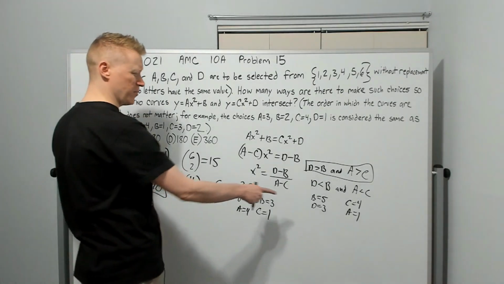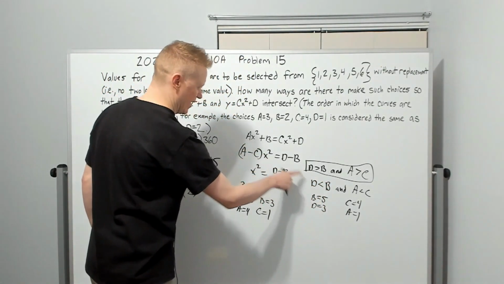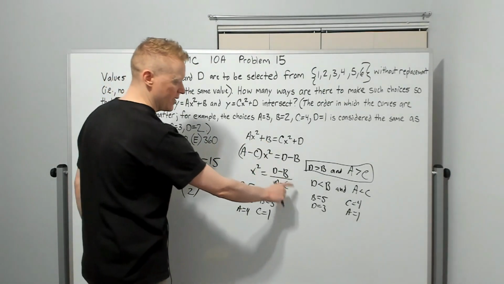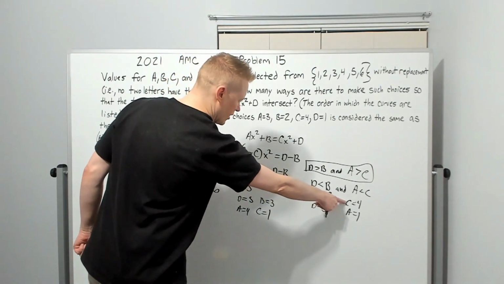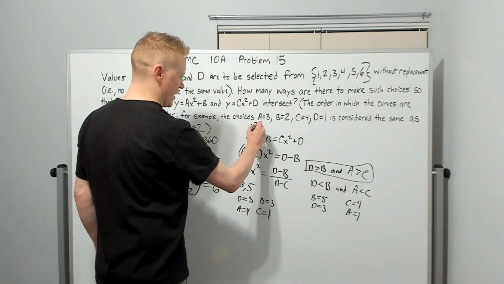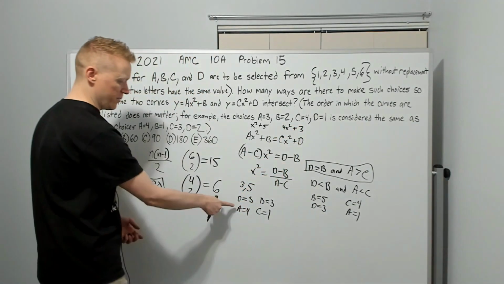So if we compare, I've got 1x squared plus 5 on this side, and 4x squared plus 3 on the other. But what about this one over here?